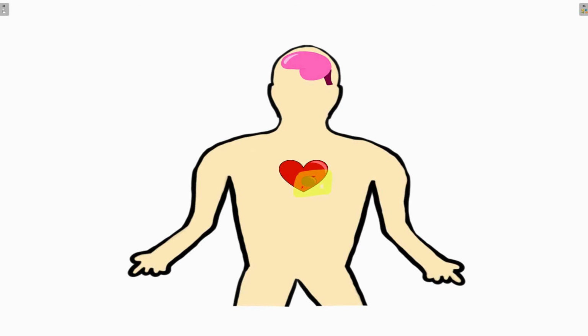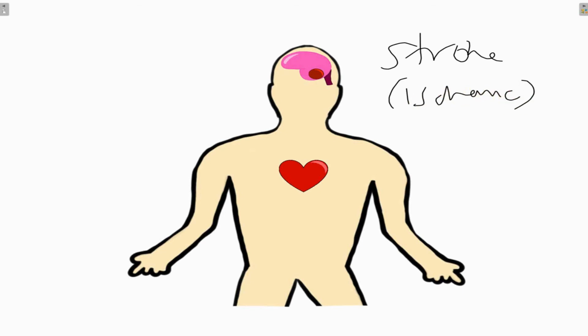This clot has the ability to pump out, most commonly to the brain, and if it lodges in the cerebral arteries, this can starve the brain of oxygen, resulting in a stroke, specifically an ischemic stroke. About 85% of strokes are ischemic in nature, i.e. caused by starvation of oxygen, with the other 15% caused by bleeding in the brain, or hemorrhagic stroke.